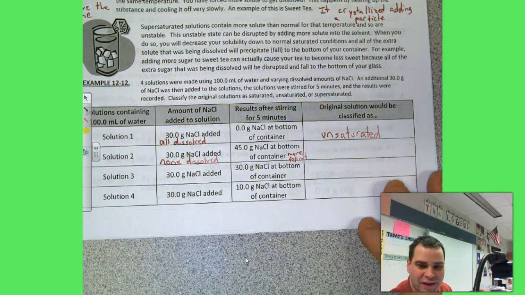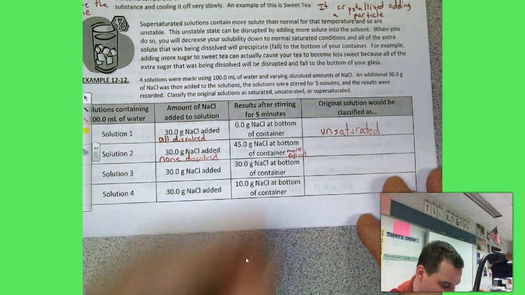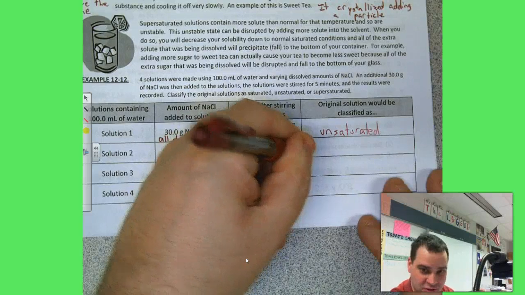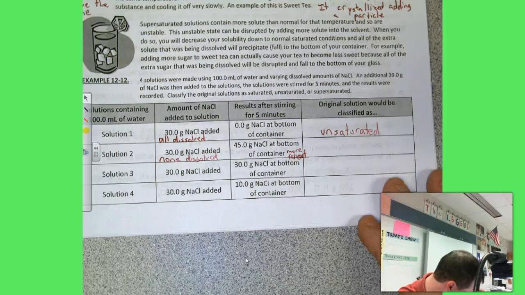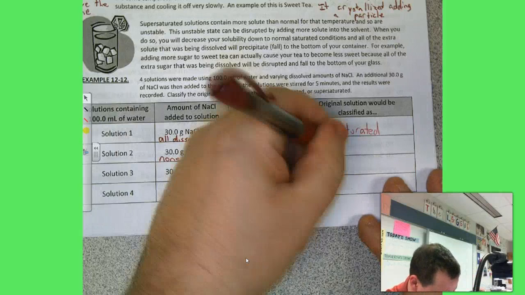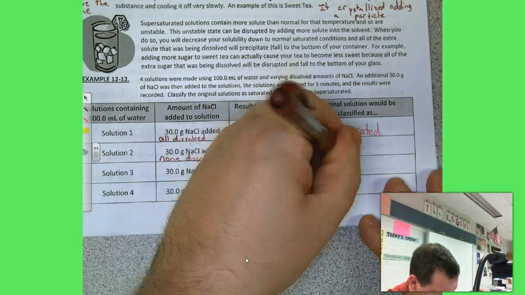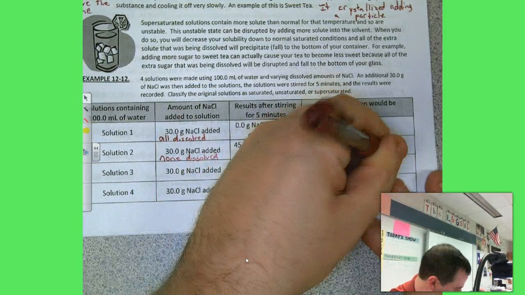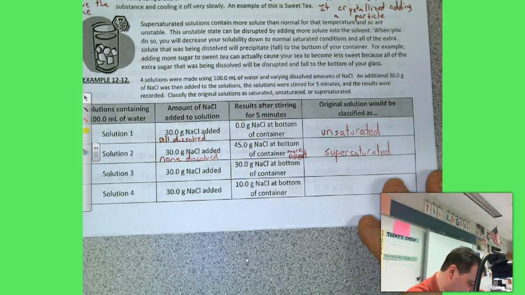If more fell out, that says more fell out. I know you can't read it because it's really small and you're probably watching this on your phone, but it says more fell out. That means that this is a supersaturated solution. Okay.